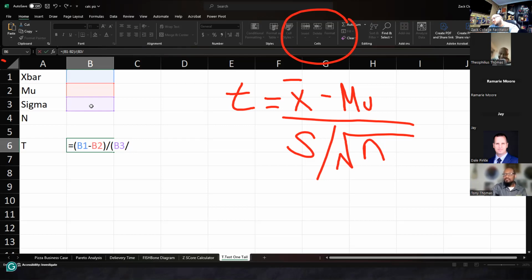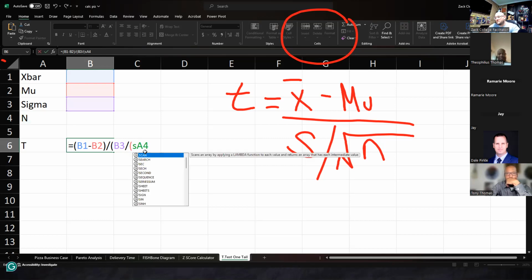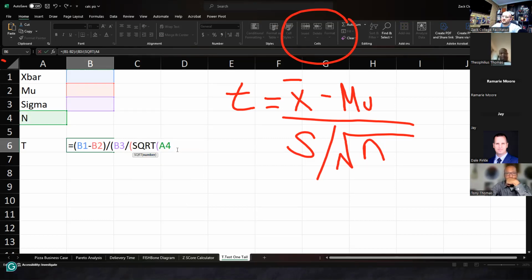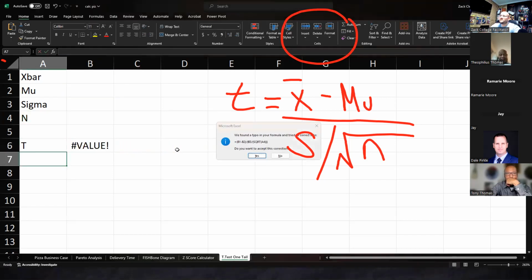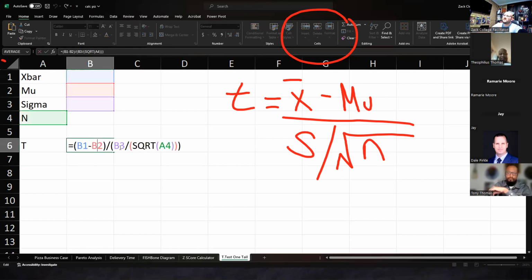Square root and then of n. Before you do the square root of n, I almost messed up there. Just make sure to put parentheses around it.